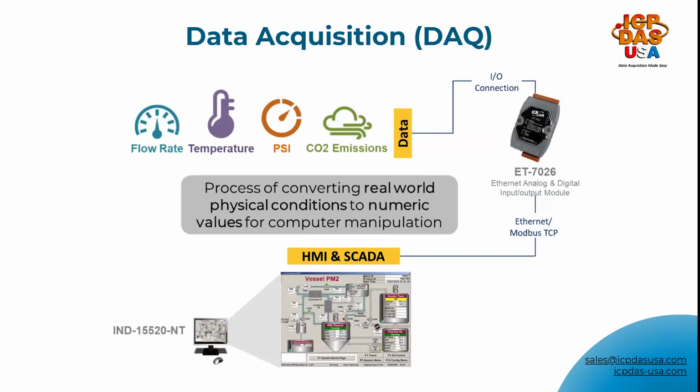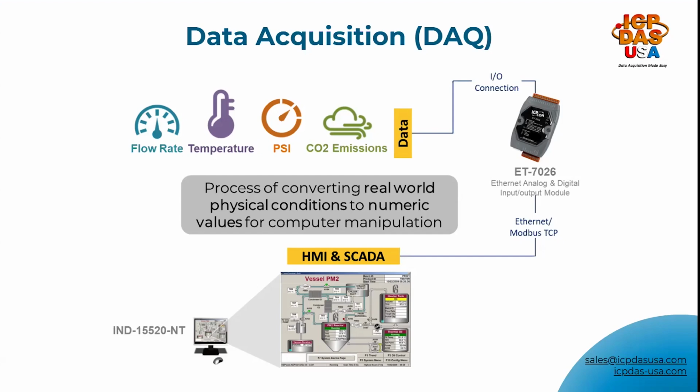Now that we understand the basic fundamentals of Modbus, let's explore how it plays a crucial role in data acquisition systems. Data acquisition is the process of measuring real-world physical conditions and converting the resulting data into a digital format for computer processing and analysis.